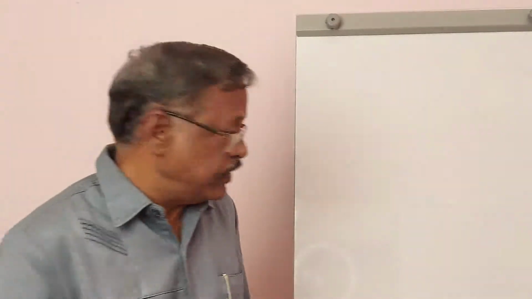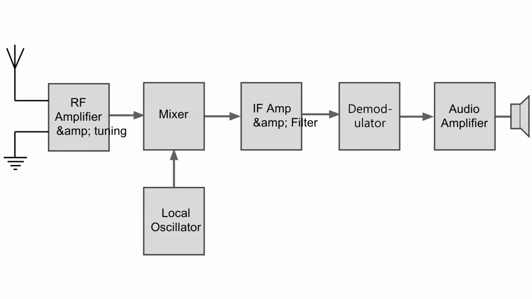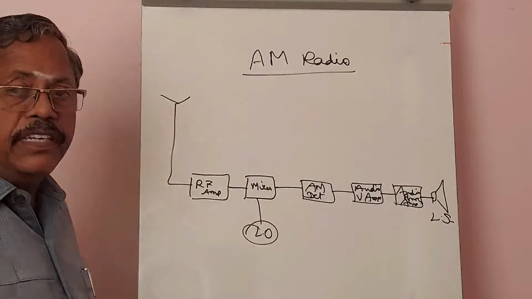With this small introduction, let me go to the actual block diagram of the AM radio receiver. The receiver contains nearly 3 plus 3, 6 stages.